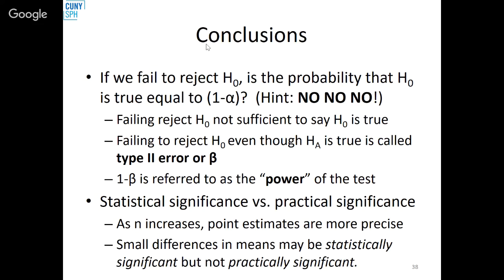So the p-value is the probability of observing our sample under the null hypothesis. Failing to reject the null hypothesis, even though the alternative is true, that's the type 2 error. And 1 minus the type 2 error is called the power of the test.